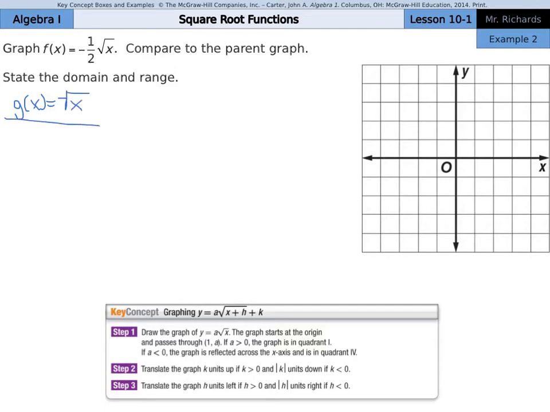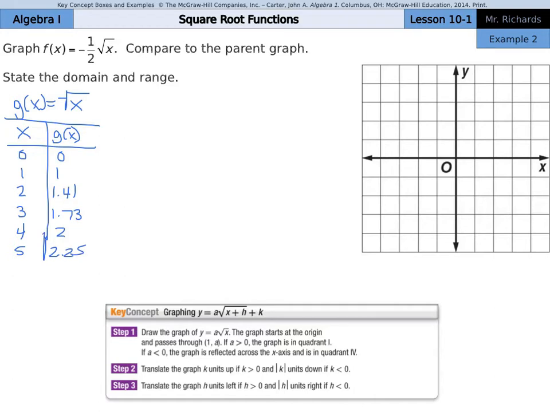And we'll copy this down one more time here, x and g of x, and we'll have our 0, 1, 2, 3, 4, 5, and the same results as the previous example, 0, 1, 1.41, 1.73, 2, and 2.25.